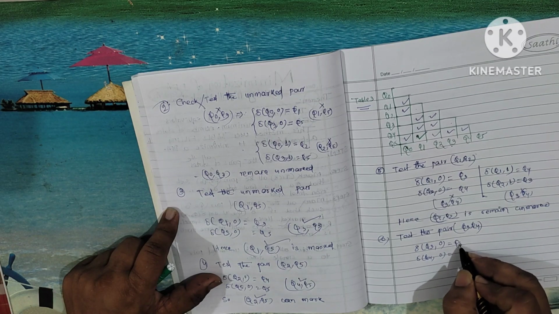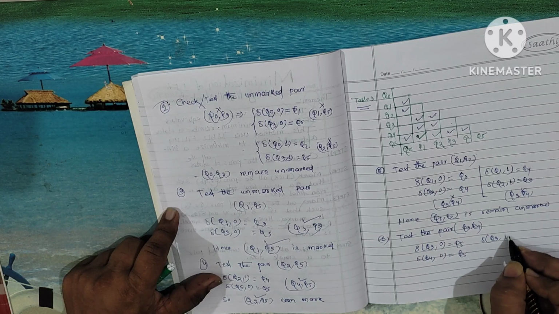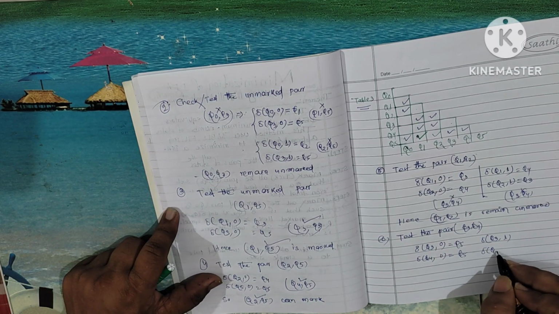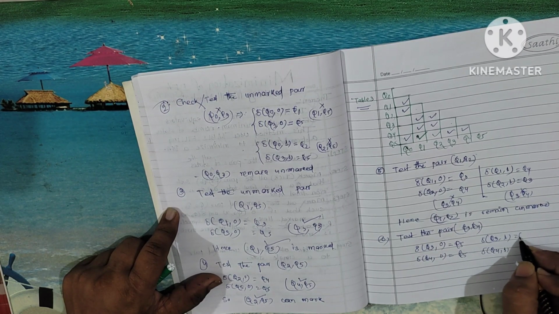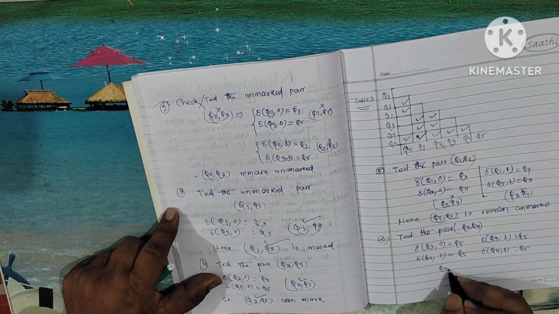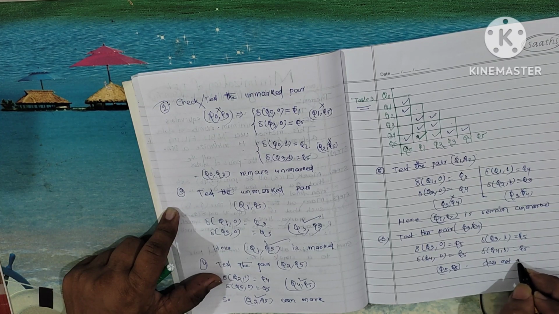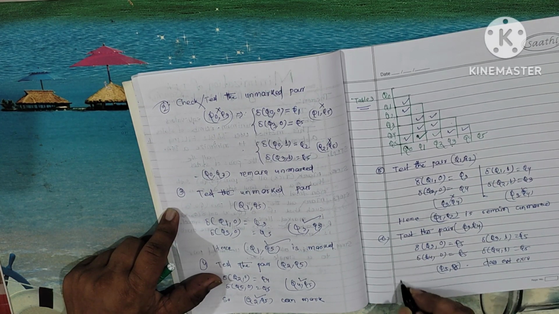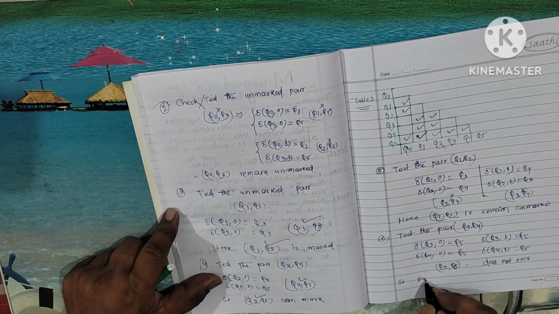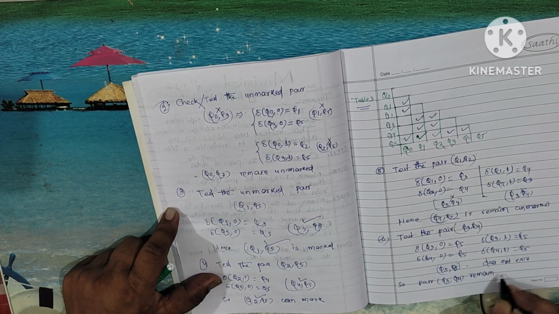If you see that this is going to Q5, this is going to Q5. Q3 on input 1, Q4 on input 1 going to Q5. Q5 does not exist in the table, so the pair Q3, Q4 remains unmarked.